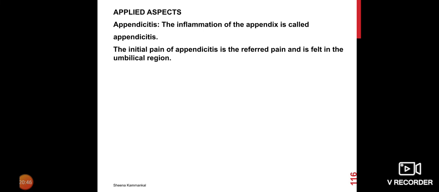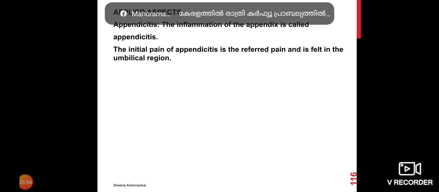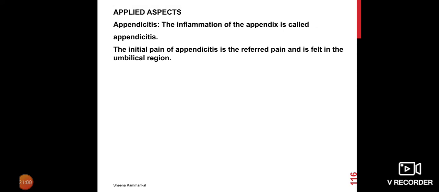In the initial stage of appendicitis, the pain is felt around the umbilicus. That is the first symptom. Then later, the pain moves from the umbilicus to the right iliac fossa, where exactly the appendix is located.